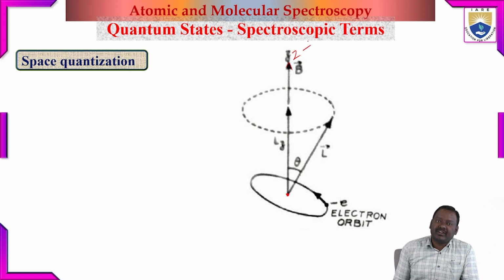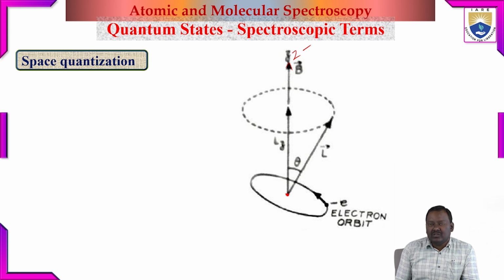So the magnetic field is present along the z axis and the electron is in this position, and this is the position of the atom. Whenever an electron is revolving around the nucleus in a particular orbit like this, this is the orbital of electron motion.